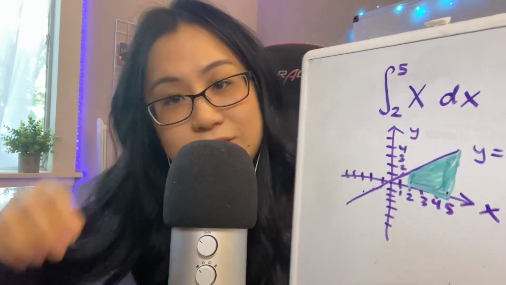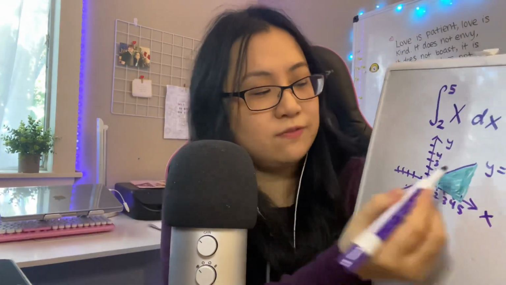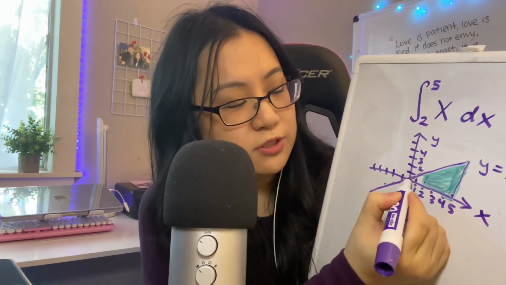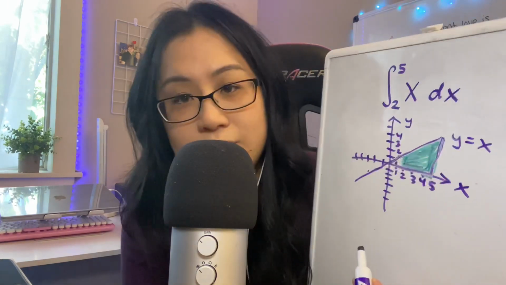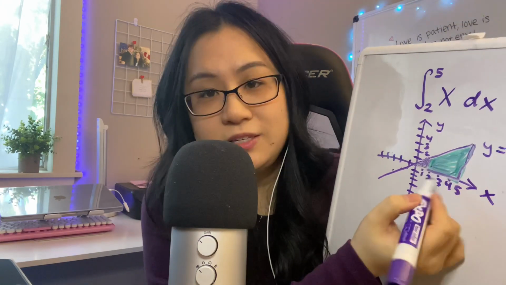It might be a little hard to see here, but what we can do is find the total area of this outer triangle to the center, to the origin. That triangle minus this triangle gives me this trapezoid. So let's try it that way.